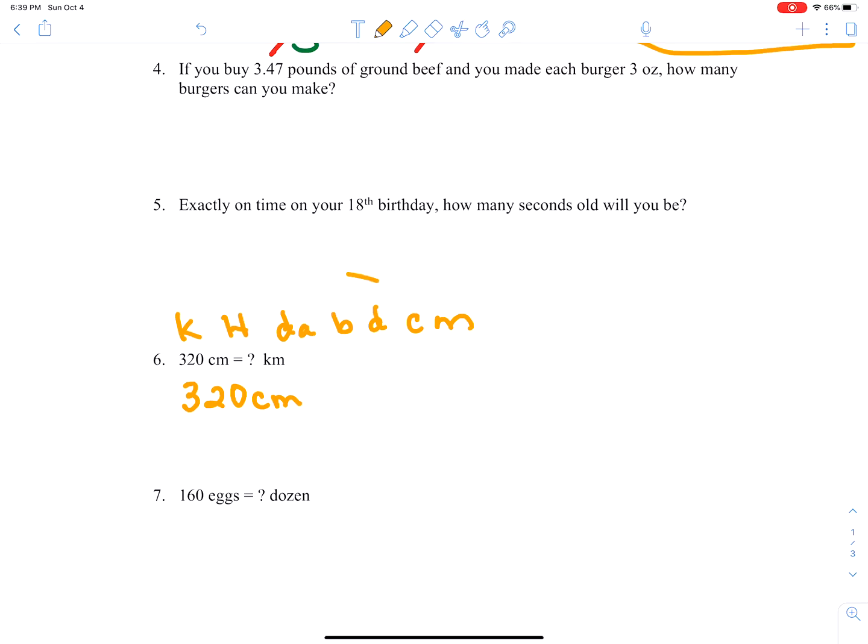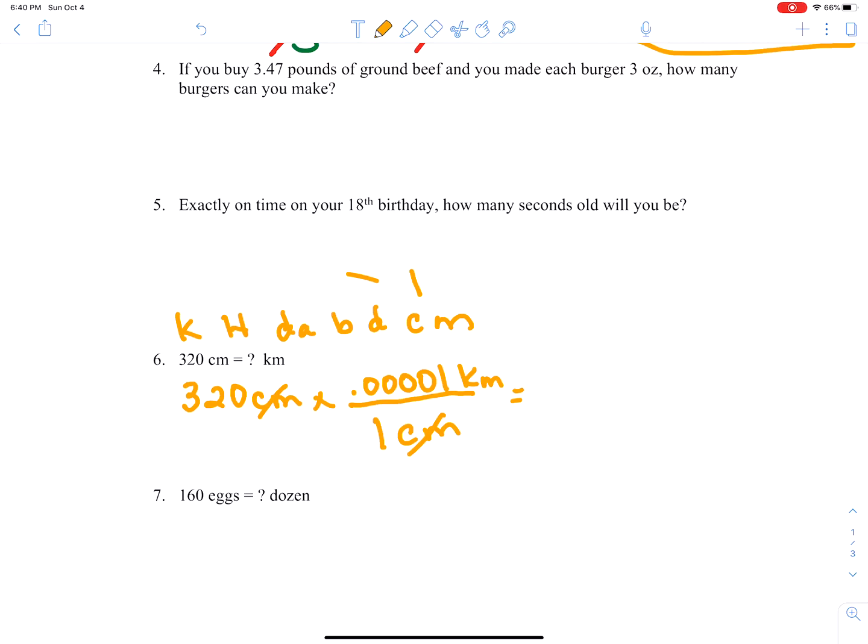If I have 1 centimeter, I need to move my decimal 1, 2, 3, 4, 5 places to the left. So it'd be 0.00001 kilometers. So when I do the math, now I'm going from a centi to a kilo.